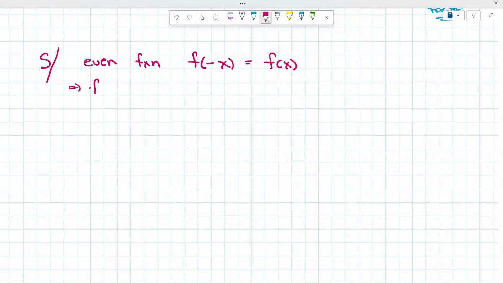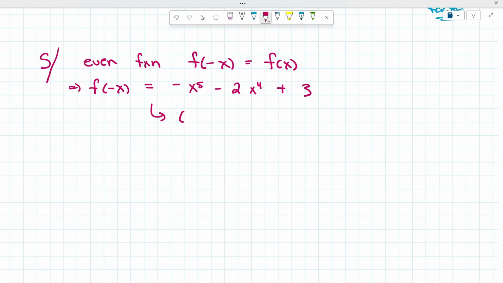So we have that f(-x) = (-x)^5 - 2(-x)^4 + 3. What I did there was I just put a negative in front of my x. I'll do that once more for you, breaking down the steps.